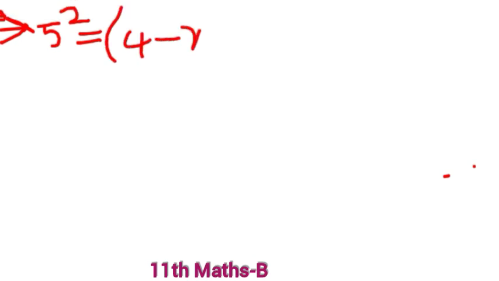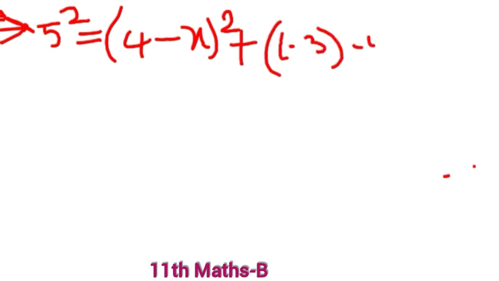So now 5 square is equal to (4 - x) whole square plus (-3 - y) whole square. This is the equation we got here. Now let us expand it.